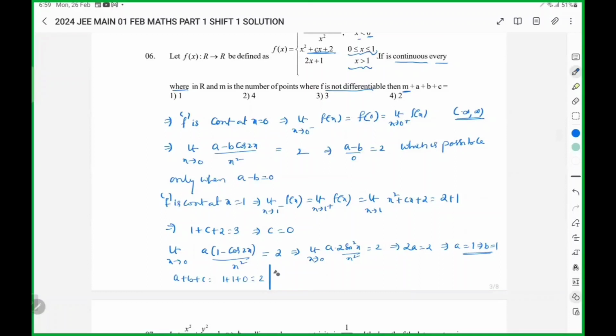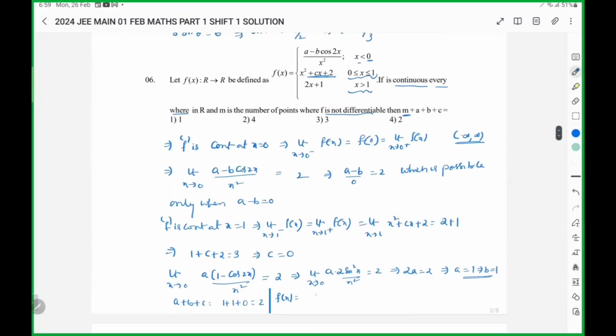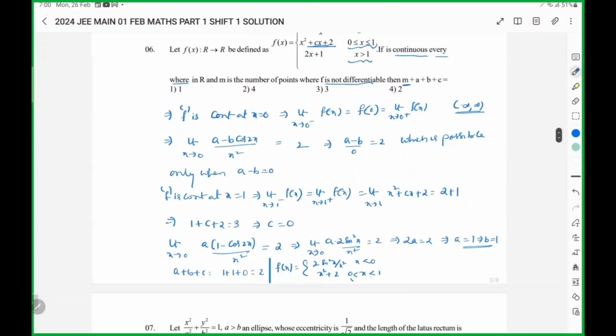So f of x, let me write here after getting a, b values, 2 sine square x by x square for x less than 0, x square plus 2 where x lies between 0 and 1, and 2x plus 1 for x greater than 1, which implies f dash x will be, so here it is 2 into derivative, direct differentiation, sine 2x minus sine square x into 2x by x power 4 for x less than 0.